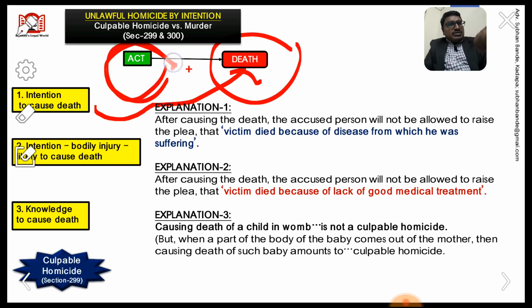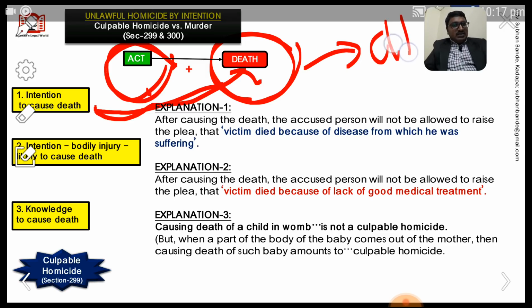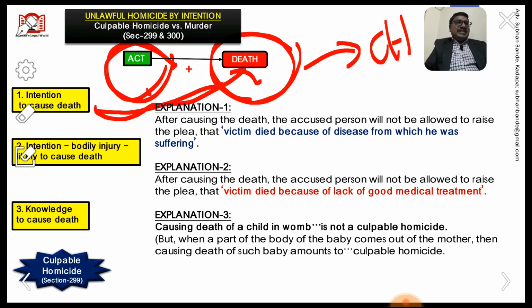A person must do some act, and the result of the act is death. At the time of doing the act, the person has the intention to cause the death of another person. It becomes the first kind of culpable homicide under Section 299.